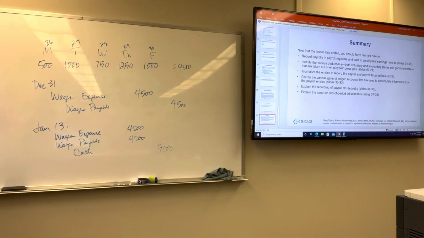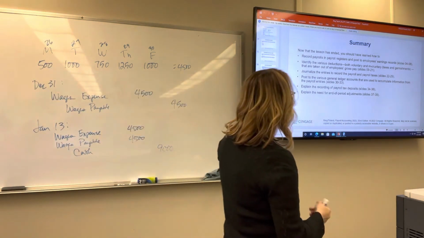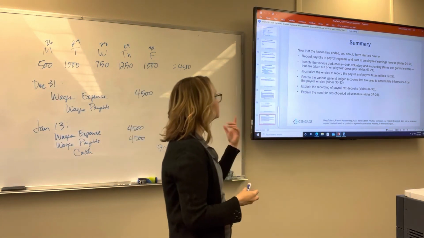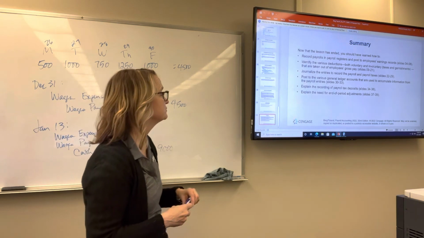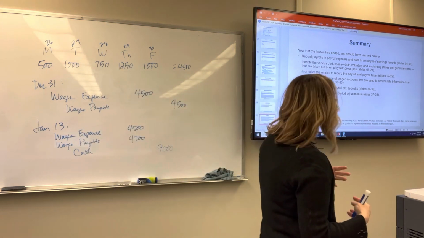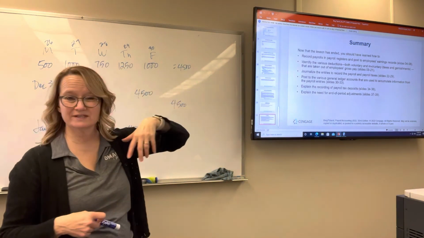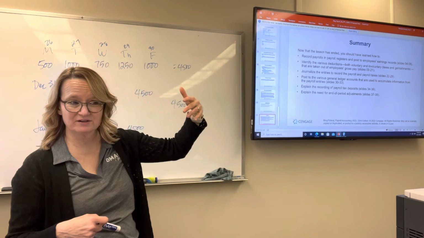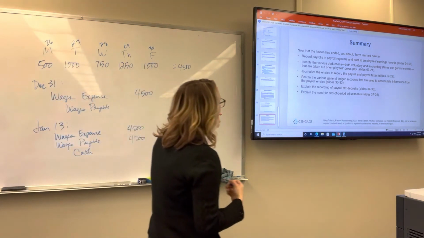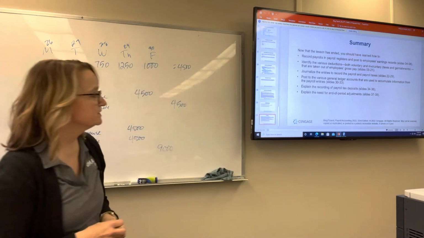Okay. So that's it for the last chapter. We did a review of the payroll register and employee earnings records, and talked about how those are used in creating the journal entries. We went through that whole list of voluntary and involuntary deductions, garnishments, that sort of thing. We worked with some journal entries.